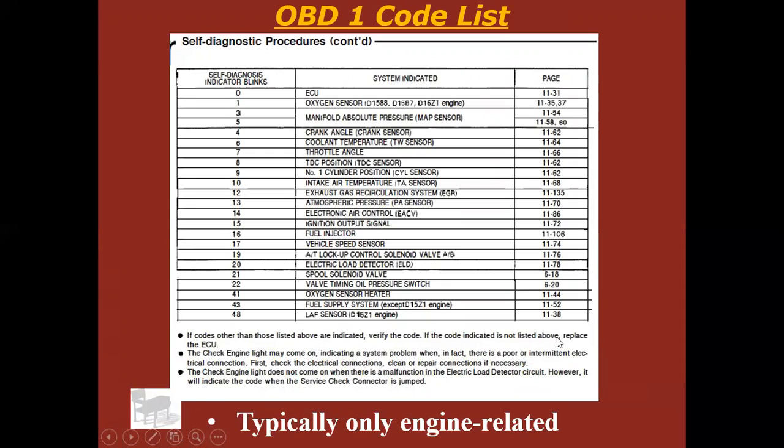If the code indicated is still not listed, replace the ECU. So essentially they're saying this is all the codes you should get, period, ever on this car. And if you get any other codes that aren't this, you've got a big problem with your main computer, and it shouldn't even be spitting that out. So not very many. That's not a lot of codes. Simple. Okay, that was OBD1.